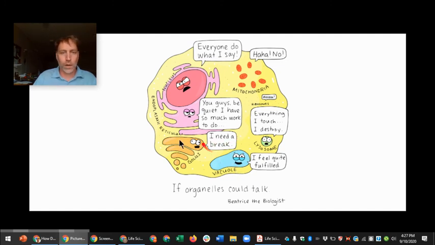And the Golgi apparatus, because it's moving things all the way around, just like your Amazon Prime driver making deliveries to all those houses every single day, says they need a break. And then the ER, the endoplasmic reticulum: you guys stay quiet, I have so much work to do. So these are just some funny ways to understand how the cell might work.